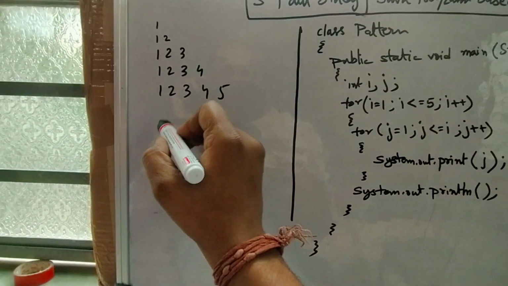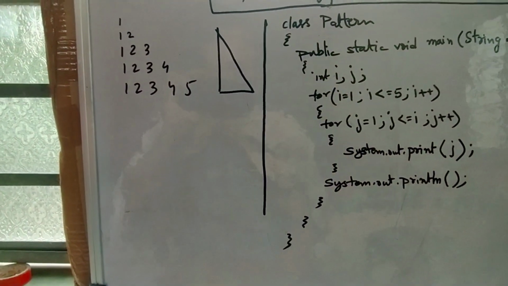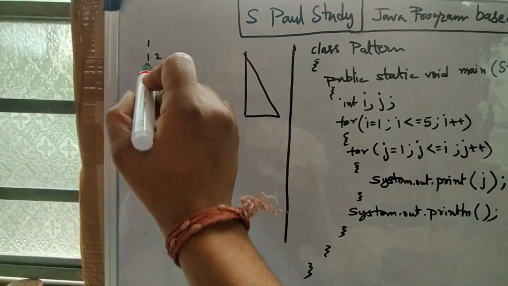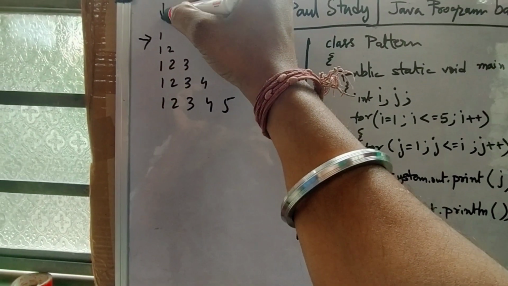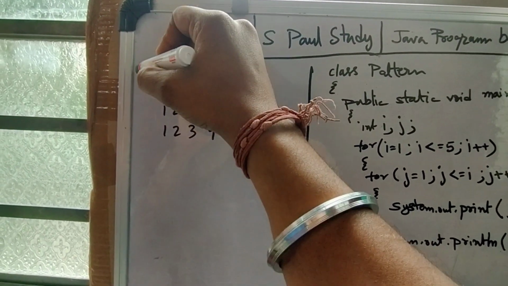Today's pattern is a triangle pattern. When you see a triangle, we will check the number of rows and number of columns. Here it is column and this is row.